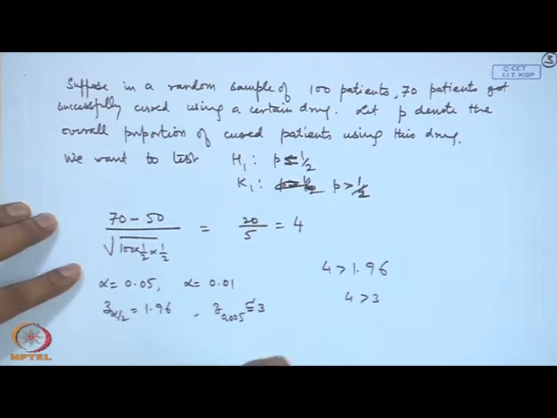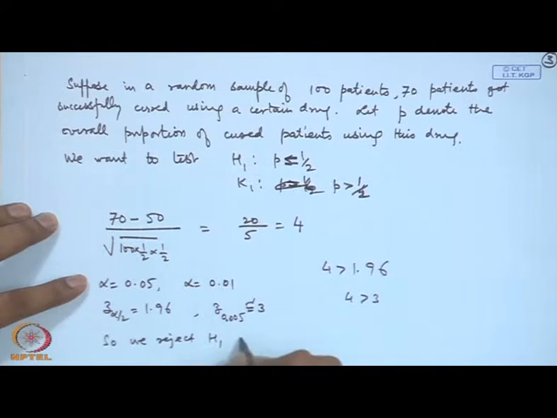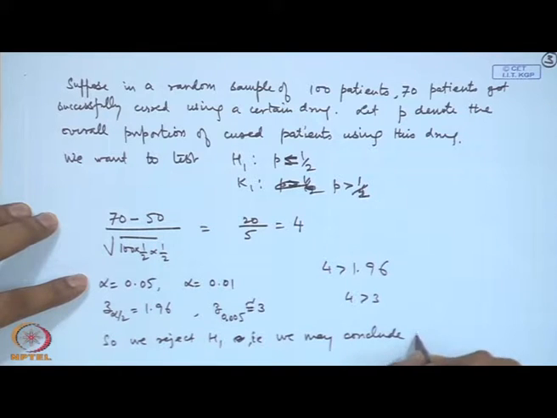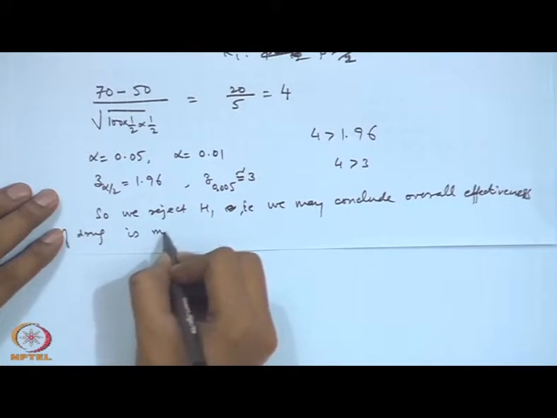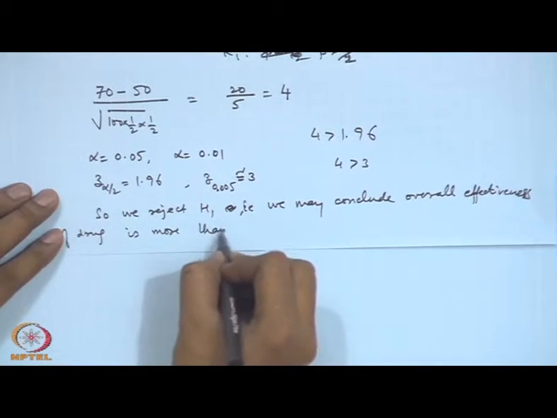So, we reject H 1, that is, we may conclude that the overall effectiveness of the drug is more than 50%.